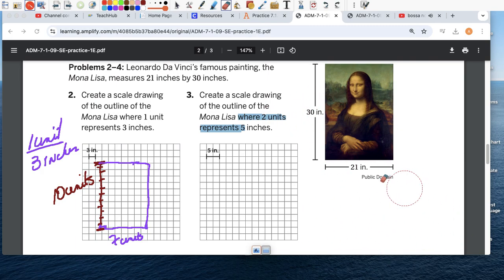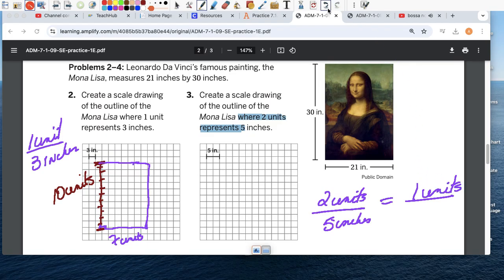What about the one on the right? The one on the right says, hey, 2 units represents 5 inches. Now you might say, hey, but I want to simplify this. If you simplify this, find the equivalent ratio in terms of 1 unit. Well, let's see. We can go 2 divided by 2, which is 1.